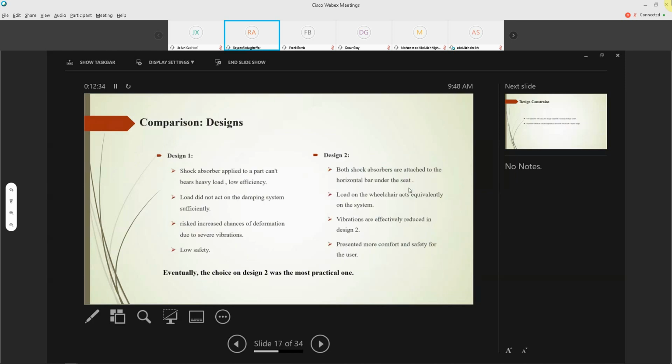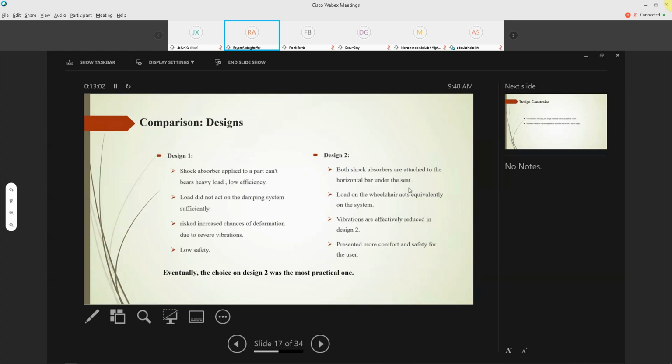So in comparison between the two designs, in design one, the shock absorber applied to the part cannot bear a heavy load, which means lost efficiency, and the load did not act on the damper system significantly. Also, redesigning the frame increases the chance of deforming and causes much vibration, meaning low safety.